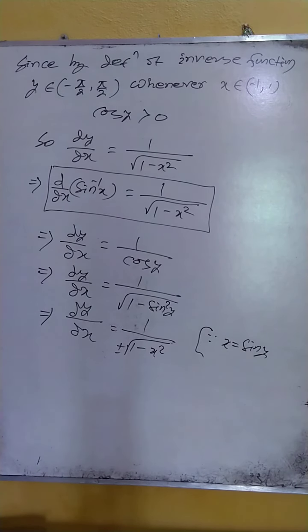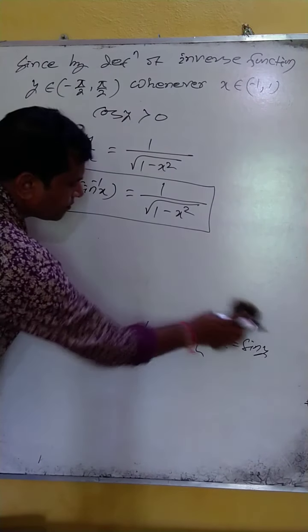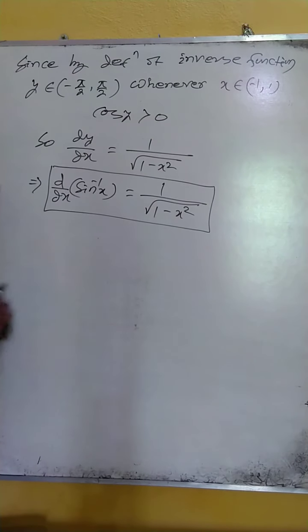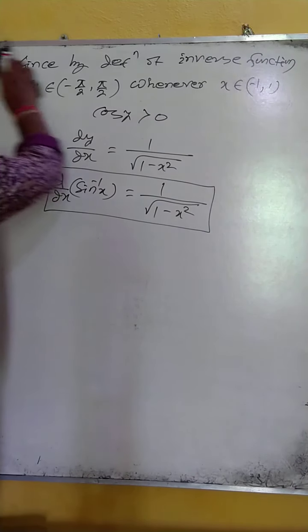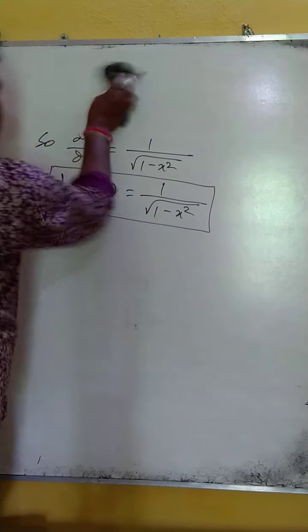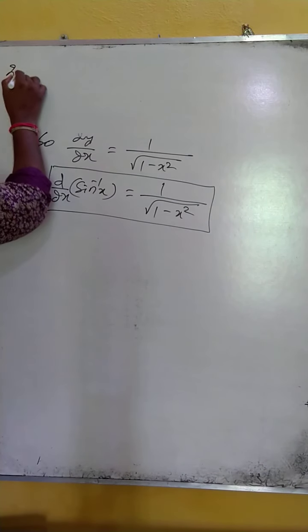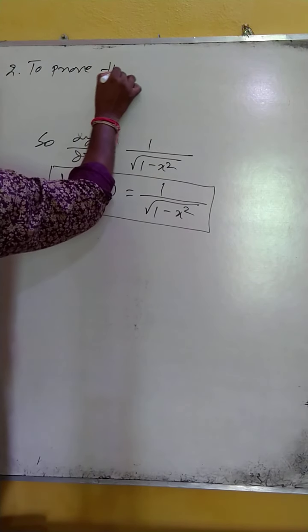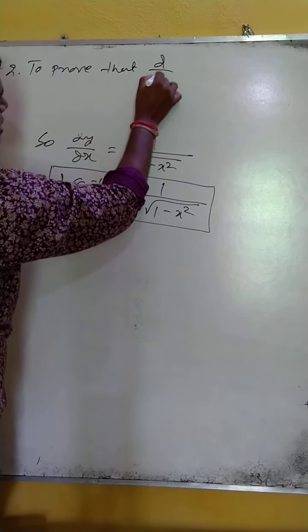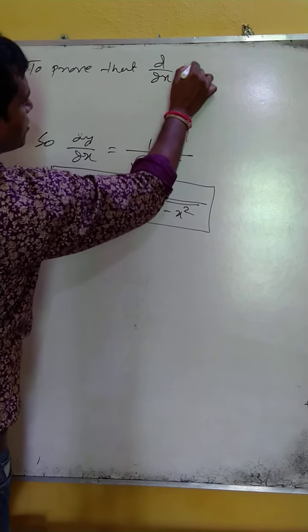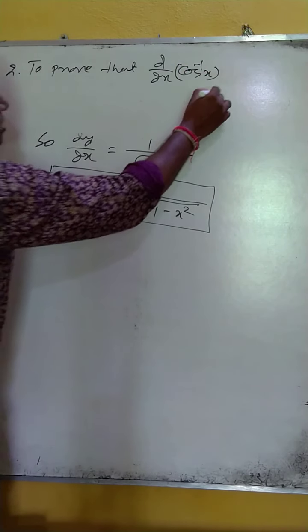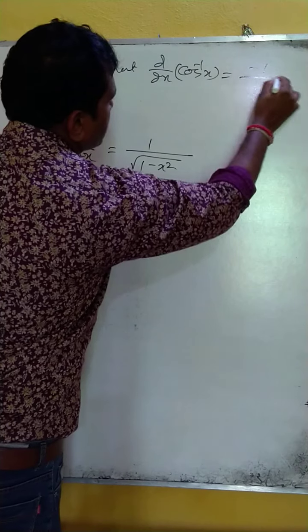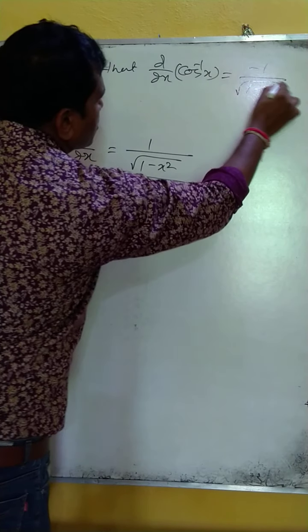Okay. Now we prove the derivative of cos inverse x. Second, to prove that d by dx of cos inverse x is equal to minus 1 by root over 1 minus x square.